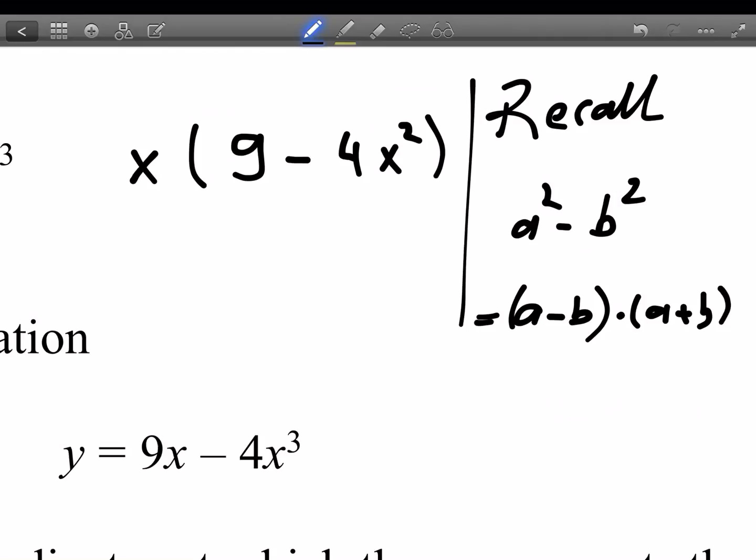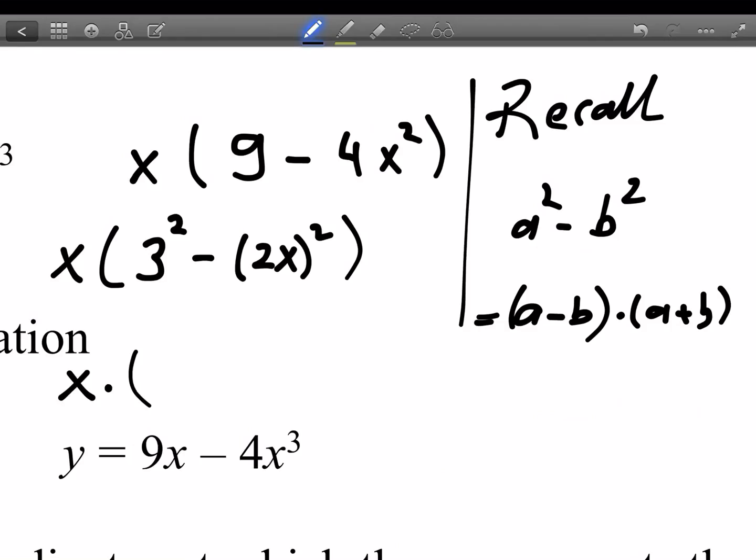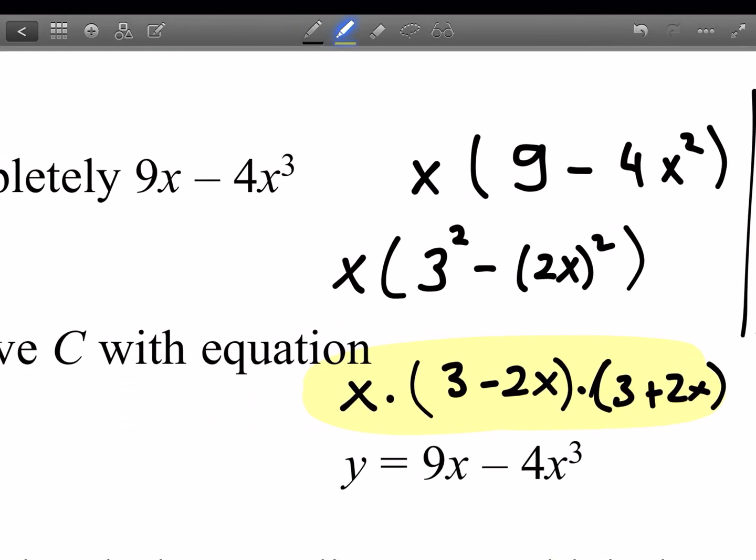Where a squared and b squared, I can show you 3 squared minus 2x squared. Did you see? Then we have x times 3 minus 2x times 3 plus 2x. That is the complete factorization of the term 9x minus 4x cubed. Okay?